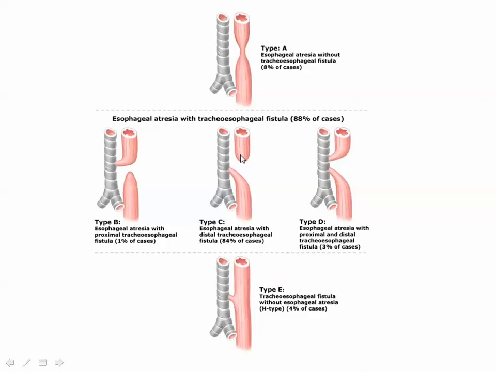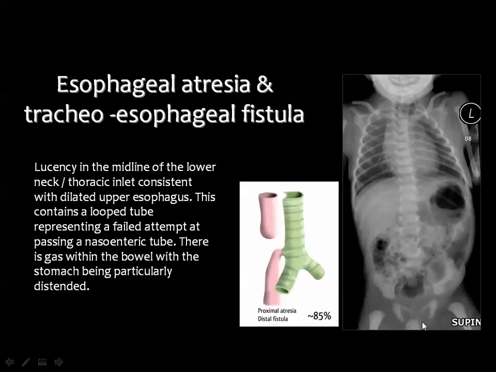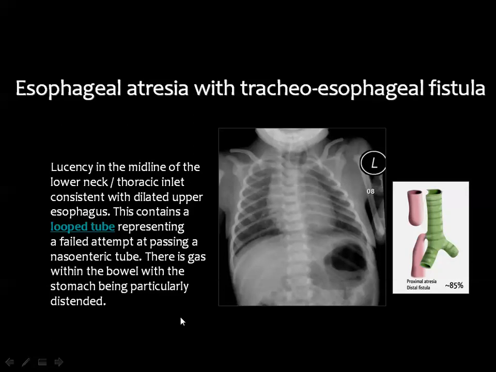The proximal pouch is blind, and air will come through the trachea into the lower pouch to the abdomen. And this is once more the most common type of esophageal atresia. You have a blind pouch with coiled nasogastric tube, air in the abdomen, diagnostic of the blind pouch with fistula with the distal pouch.